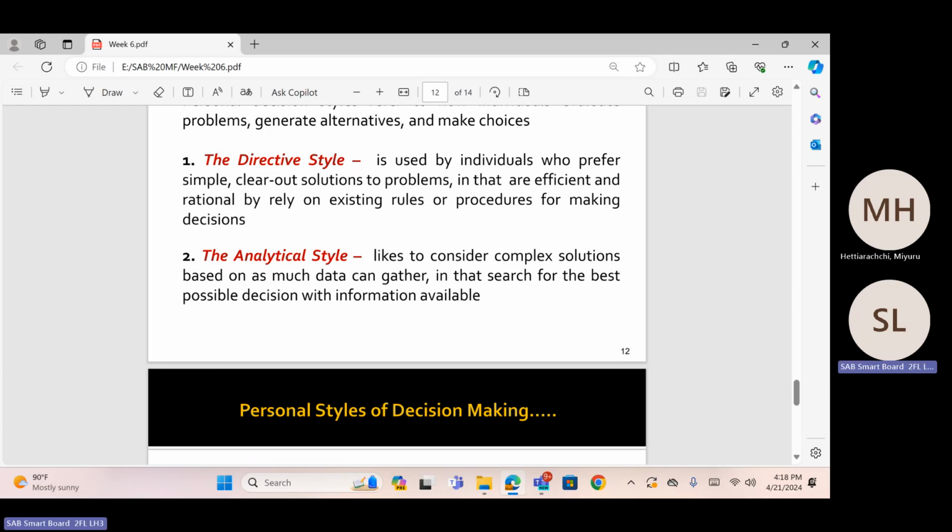the decision maker using the analytical style likes to consider complex solutions based on much data gathered from systems. Here, novel problems should be well handled with the information available in information systems, like AI or any computer packages.